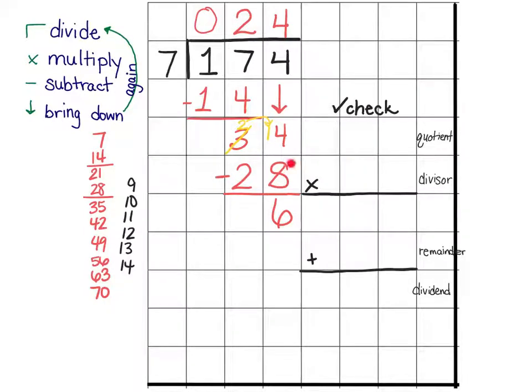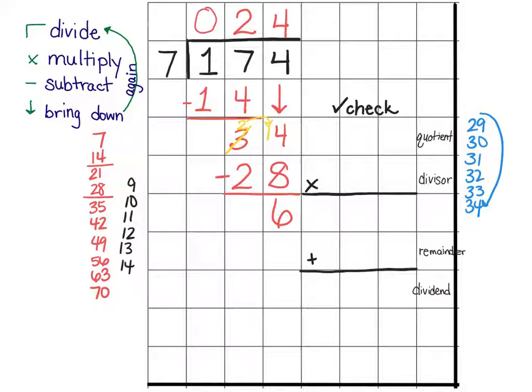Honestly, I think it's easier just to count up from 28 to 34 because they're not that much different. So, what I'm actually going to do when I do this in my head is I say 28, 29, 30, 31, 32, 33, 34. I've got from 28 to 34.